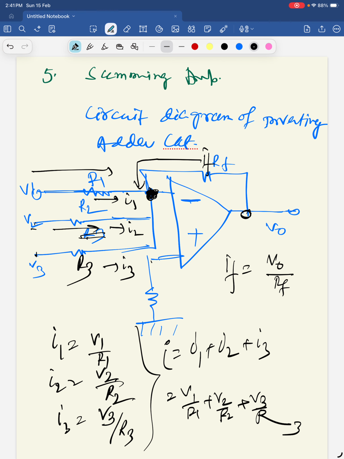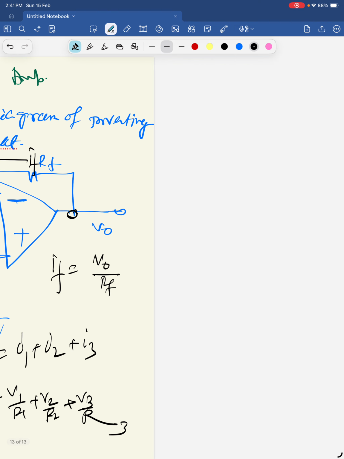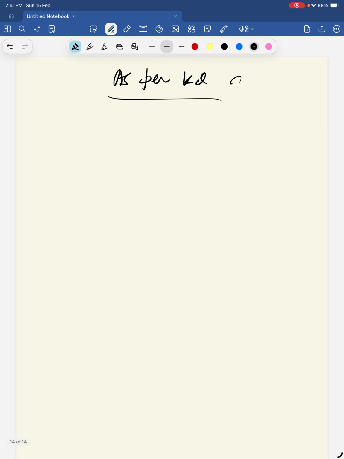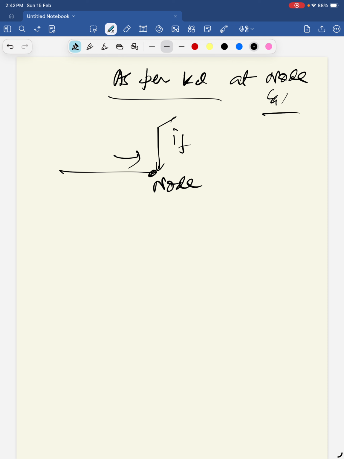Now this total current is coming in this direction, and this current is coming in this direction. So as per KCL at this node, if it is A, this current is IF, this current is total current I, that is I1 plus I2 plus I3.